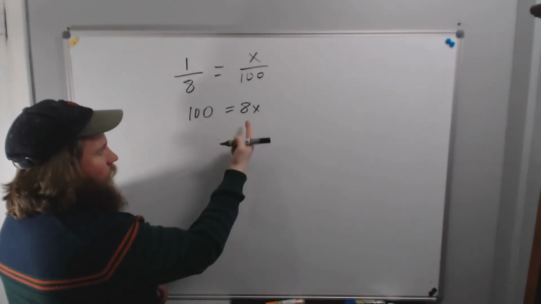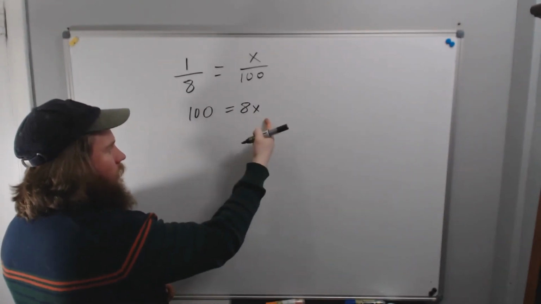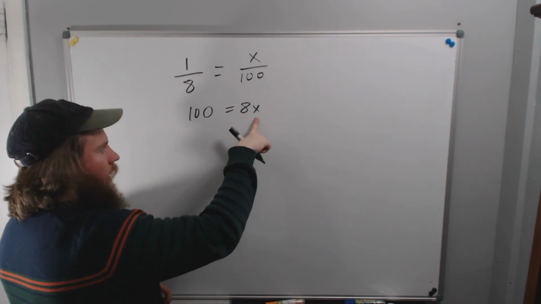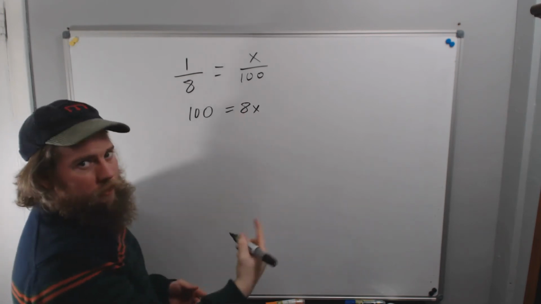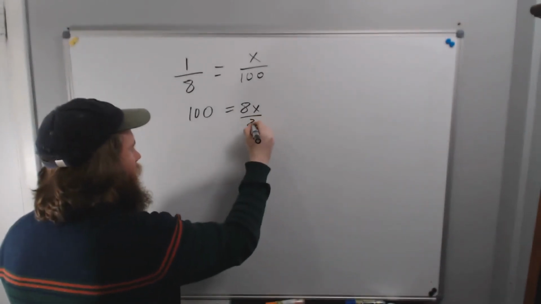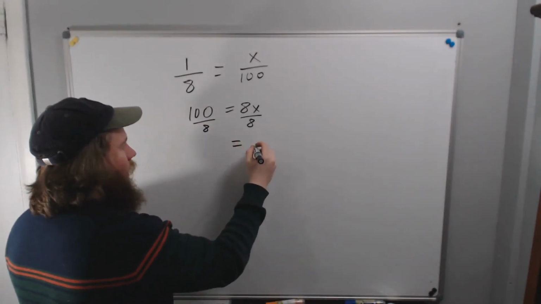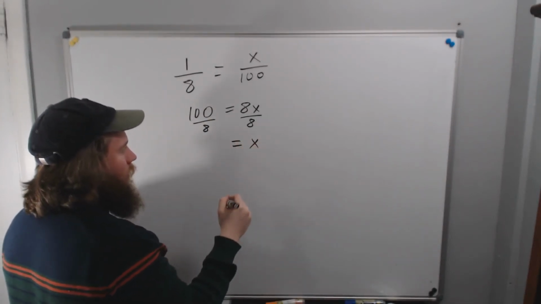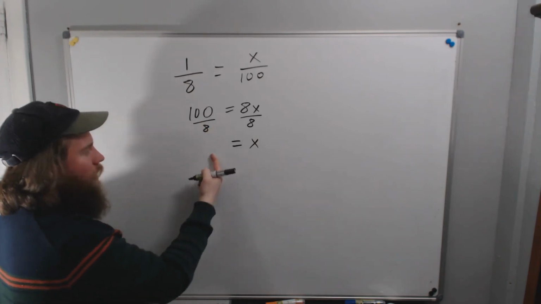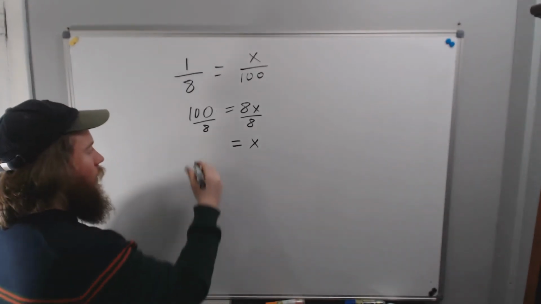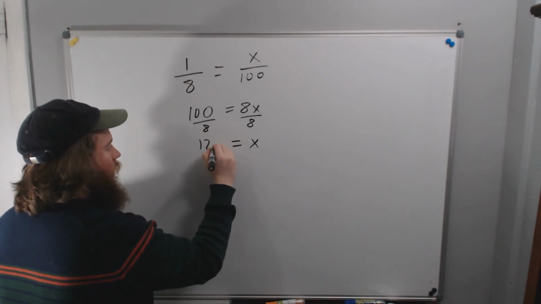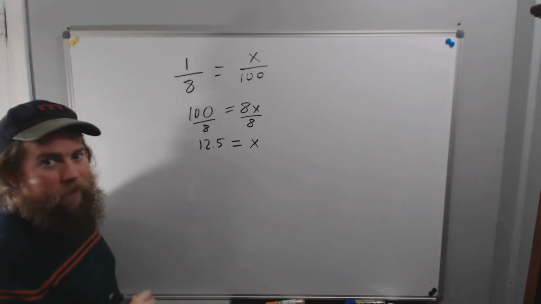Okay, we need to get the x by itself, so we have to get rid of the 8. We have 8 times x, so the opposite of multiplication is division, so we're going to divide both sides by 8. Okay. And so on the right side we get x. On the left, though, we're not going to get an integer. What we get is 12.5.